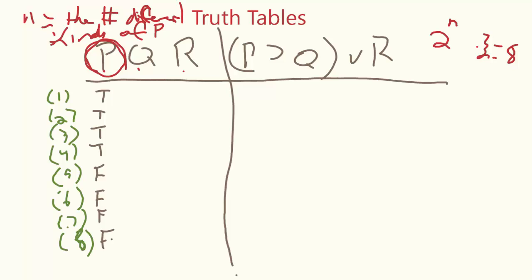So instead of 4 T's, 4 F's, we go to 2 T's, because 2 is half of 4. We do 2 F's, because 2 is half, again, of 4. And then we repeat that until we exhaust all of the rows that we need. So we repeat that same pattern, TT, FF. And again, as we move to the right, we have it again. And half of 2, so there's 2.